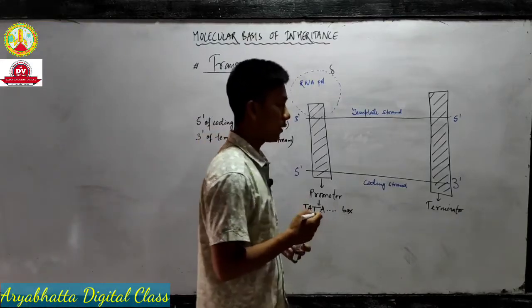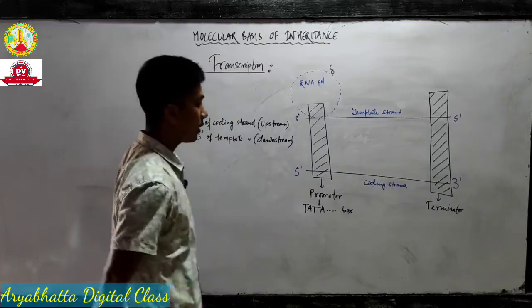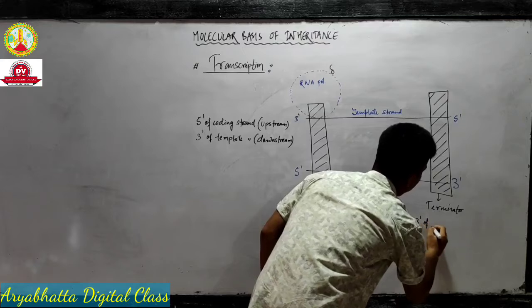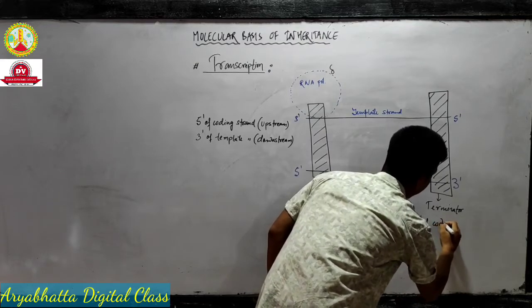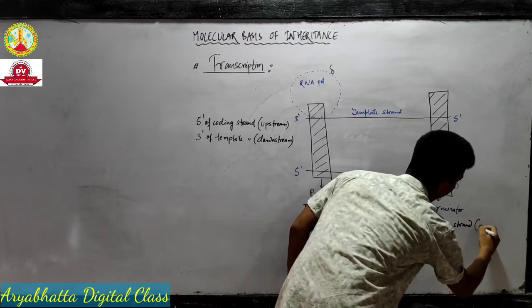So the terminator is attached at the 3 prime of the coding strand. Whenever there is a 3 prime, that is always downstream.